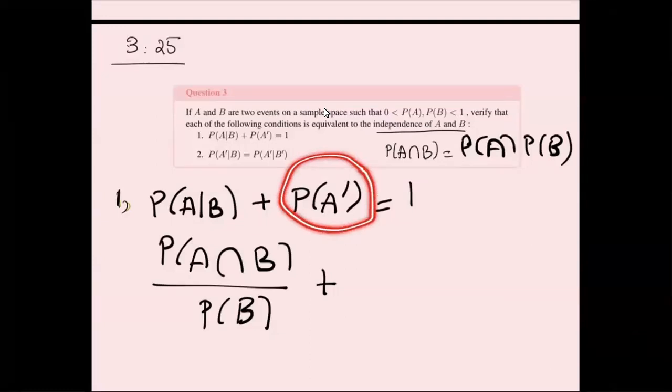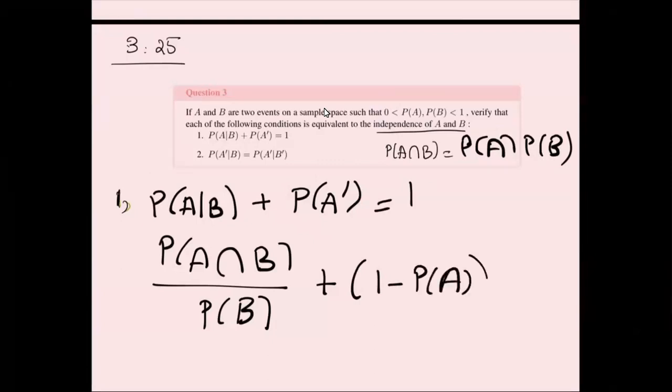So I will not keep this term. I have to rewrite it in terms of one of these three expressions. And the easiest way is converting probability of A prime to probability of A by this equation. We have probability of A complement is equal to 1 minus probability of A.